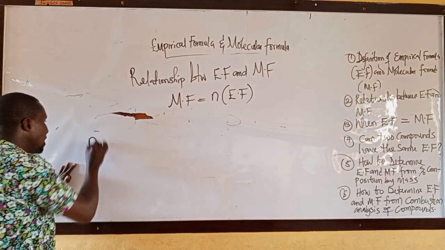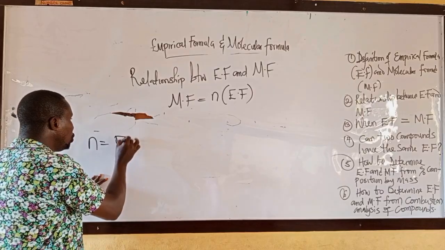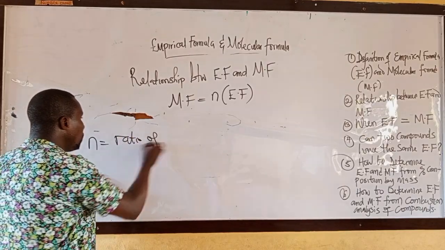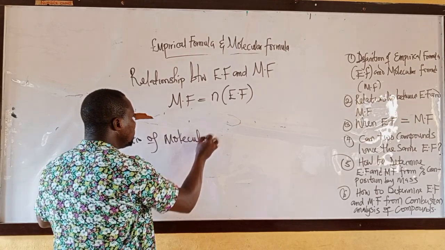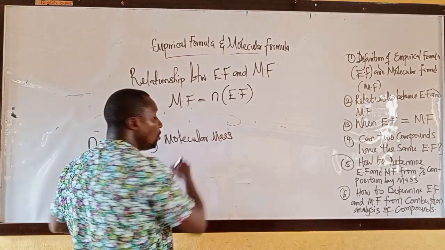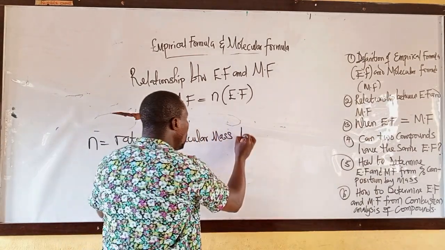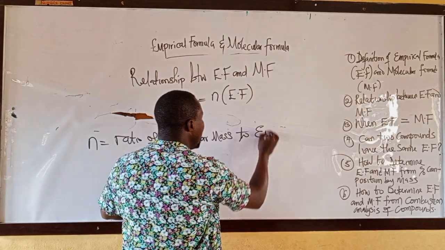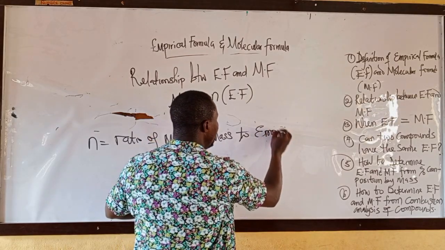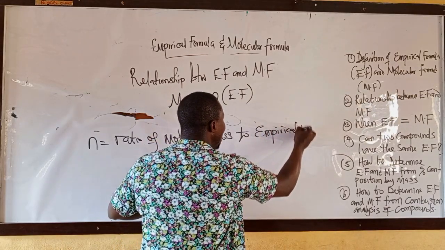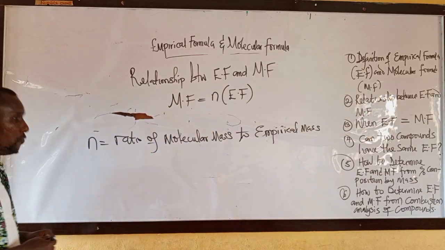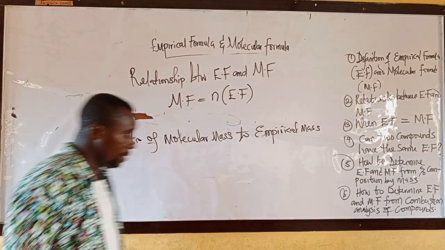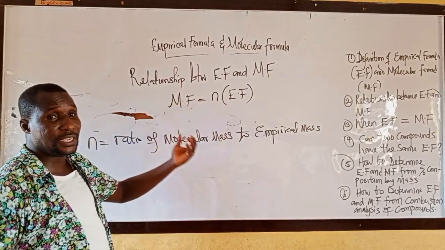What is N? N is the ratio of molecular mass, or you can say molecular weight, to empirical mass.